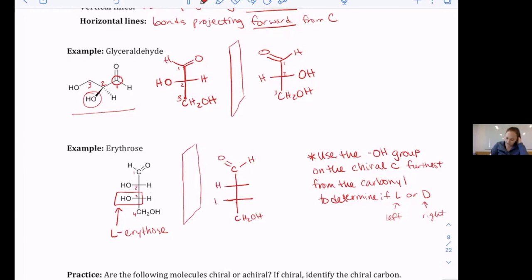The closer side to the mirror is both hydrogens. The further side to the mirror is both oxygens. Now when I'm looking at the carbon furthest away from the carbonyl that's chiral, it's on the right side. So then this is going to be D-erythrose. Erythrose, oh, I forgot the R.